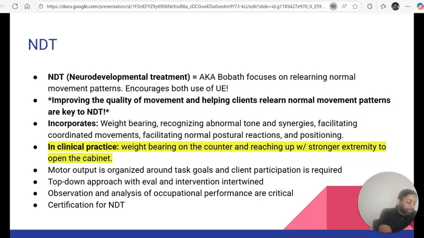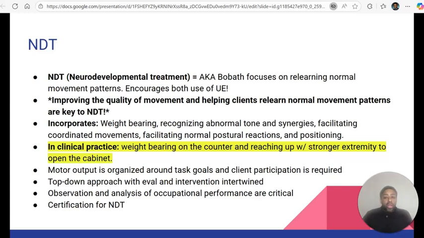NDT. NDT focuses on the production of normal movement patterns, to essentially help the person achieve what would be considered a normal movement pattern before, of course, having the person use the arm functionally.